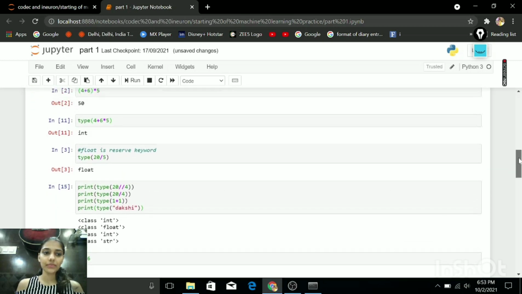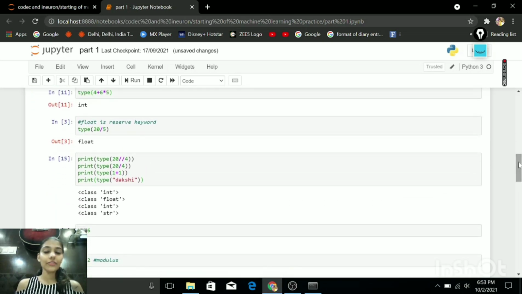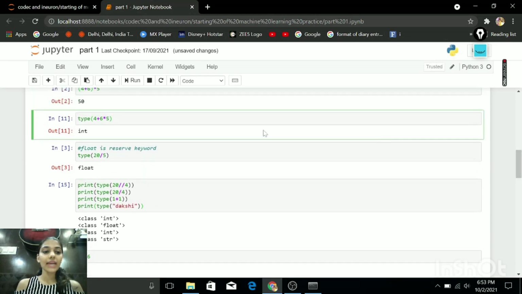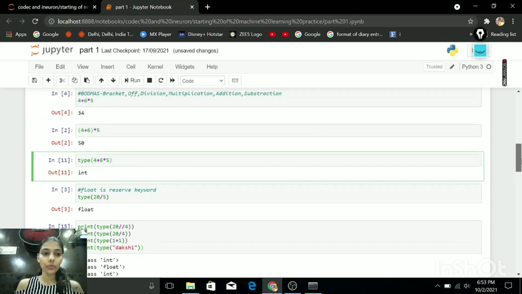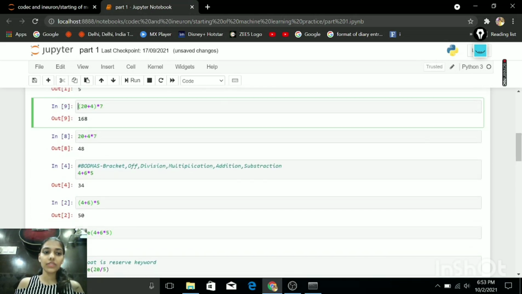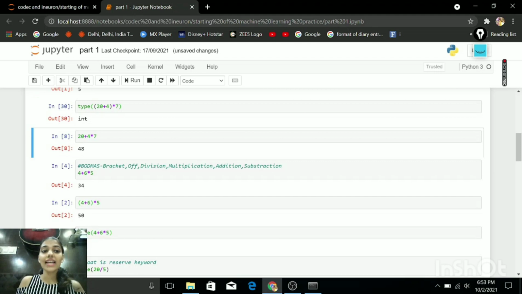Okay guys, after this, if we want to check the type of our output in this, let me check guys, let me tell you what the output of this is. It's an integer, right?